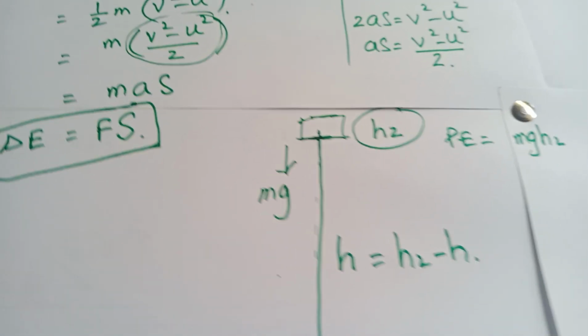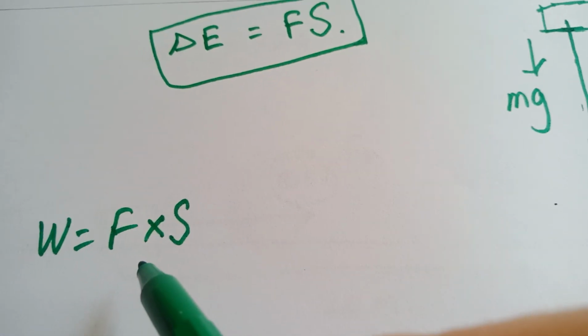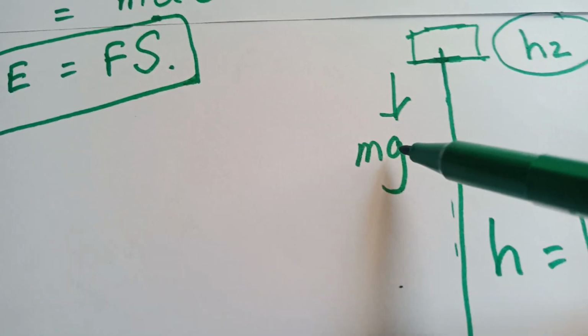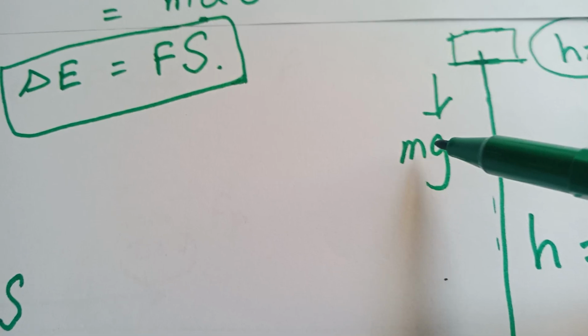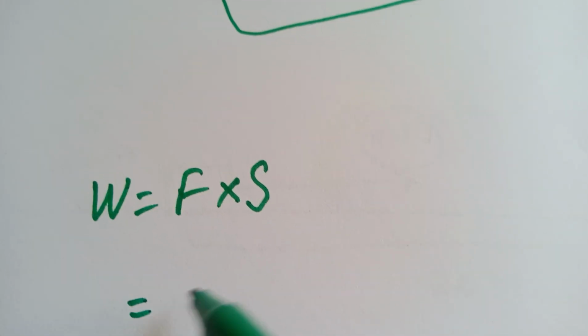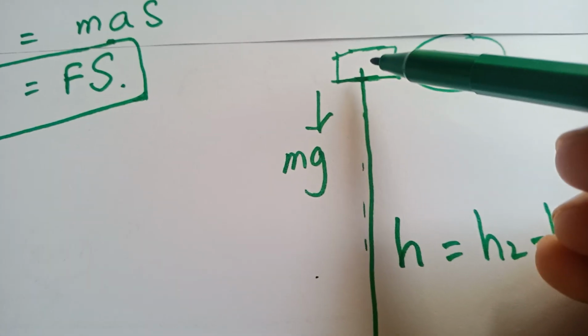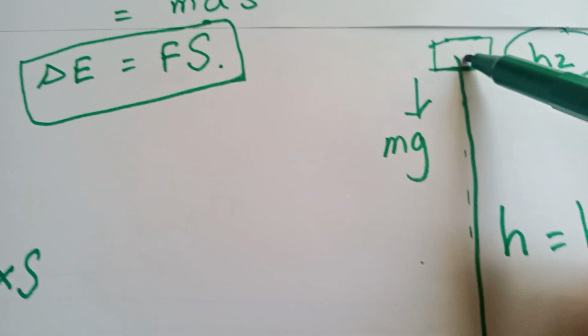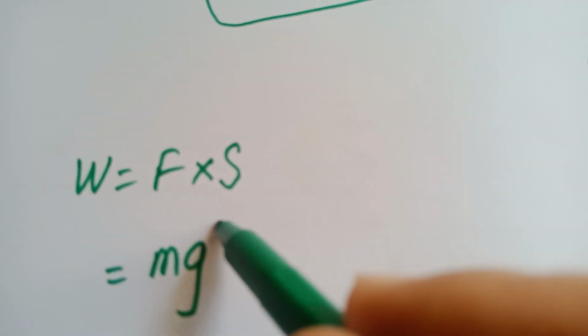Now again work is F into S, and you know that this weight is a force. So if I change this F with the weight, this would become mg, the force that will be taking this under gravity from this position to this position, and the distance covered is basically h.